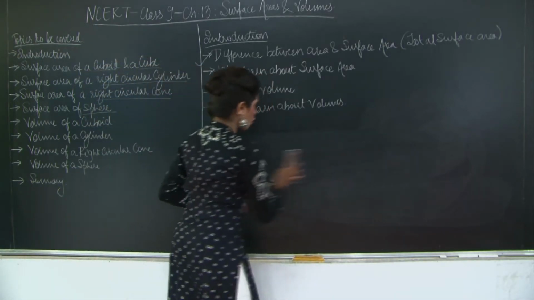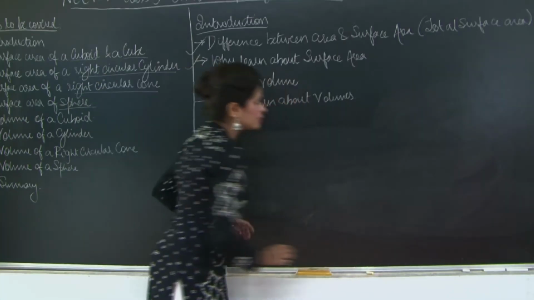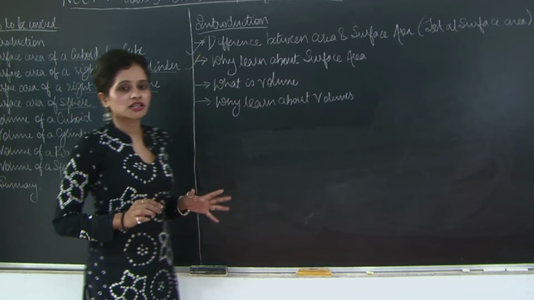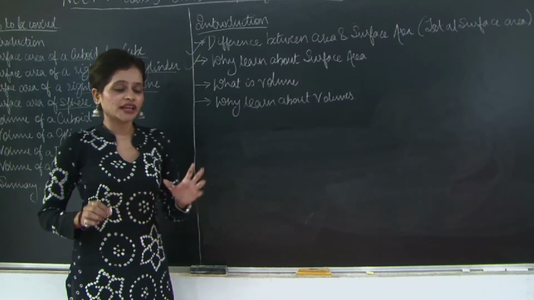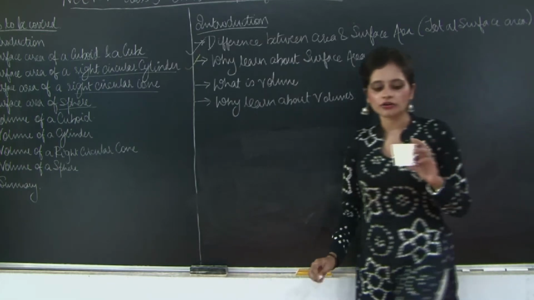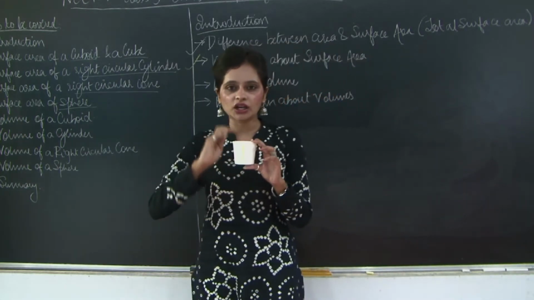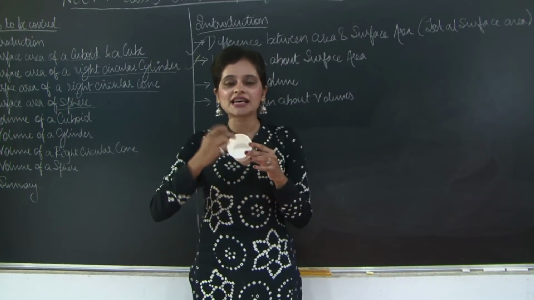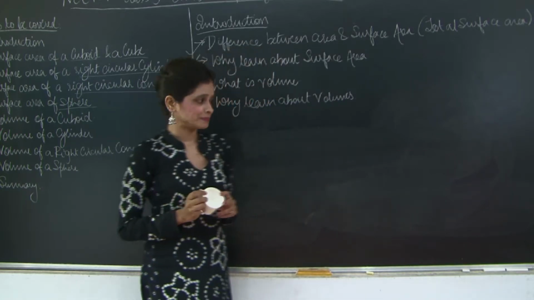Now what about volume? I remember that when I was in school, my teacher explained to me what is volume in a very simple way. She said, for example, I'll give you this cup. The amount of water, liquid or solid or gas that can be filled into this hollow space is known as the volume.